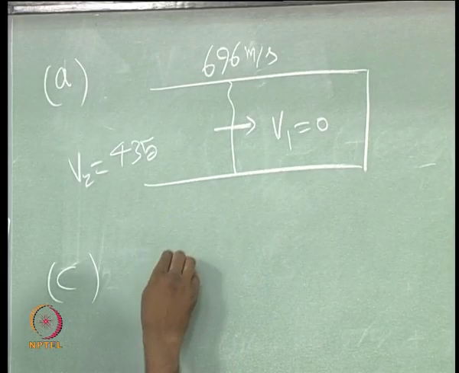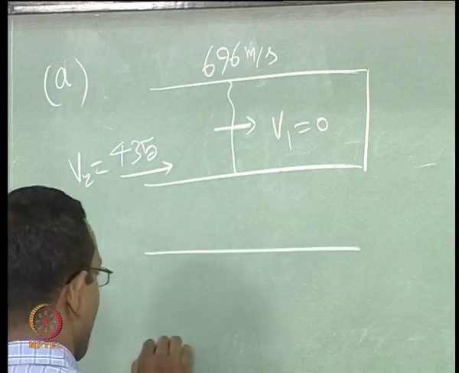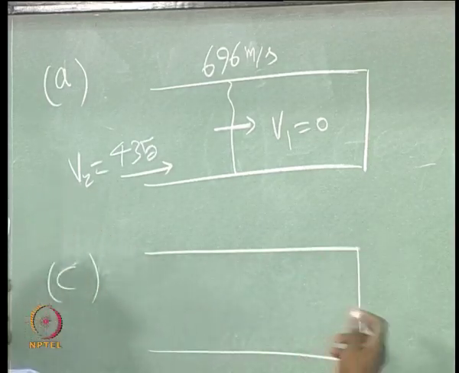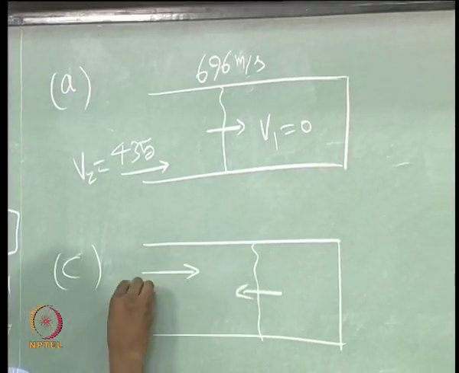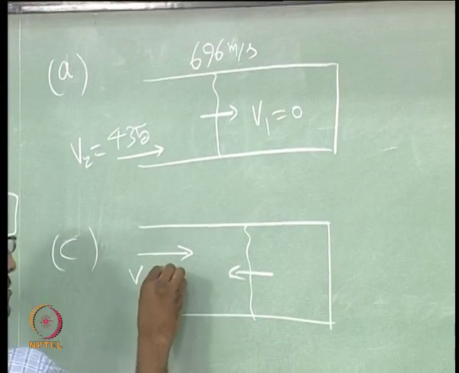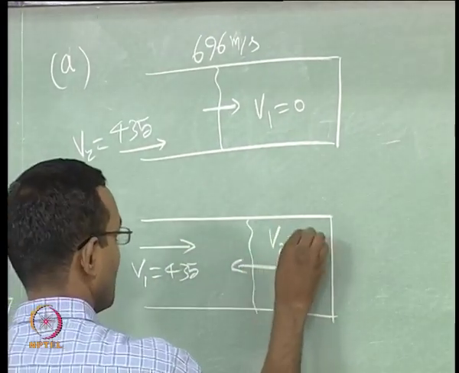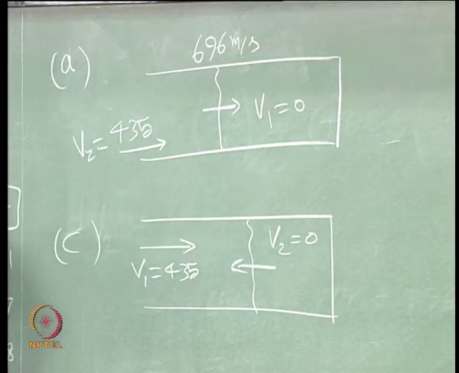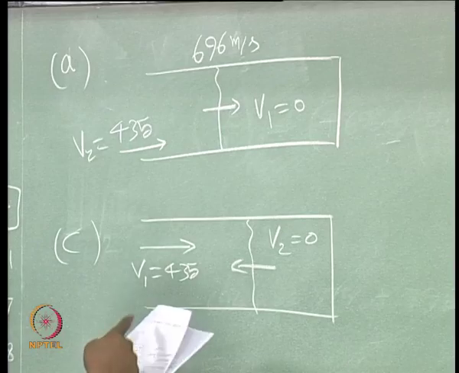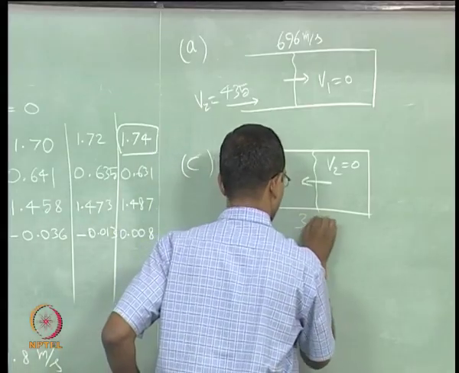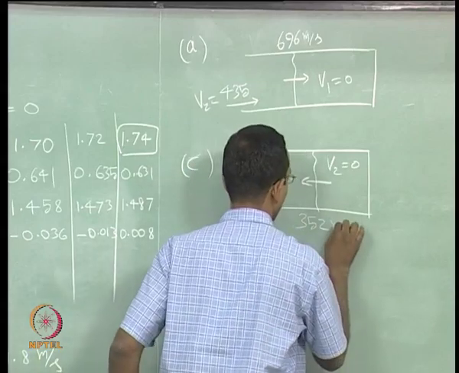it says, now this is the velocity here. Now, I am thinking about a shock going this way and the flow incoming is 435 meter per second, V2 is 0. And when the shock goes this way, it is going with the velocity we just found, 351 meter per second, 350, it is close to 352 meter per second.